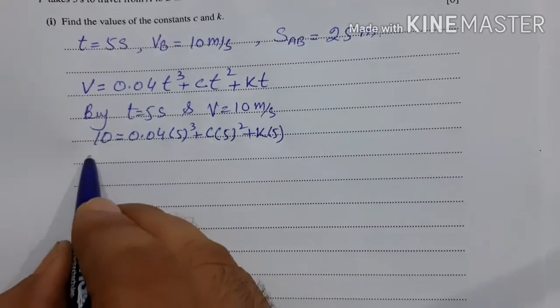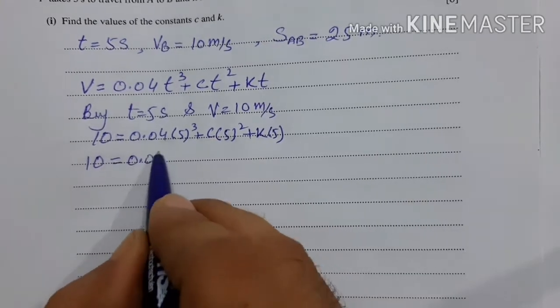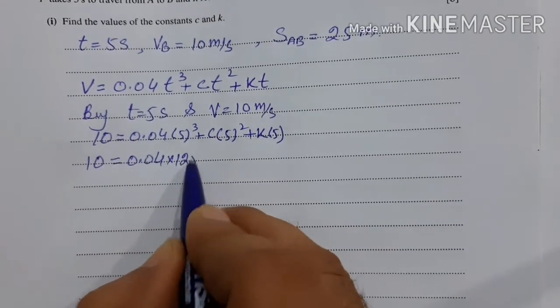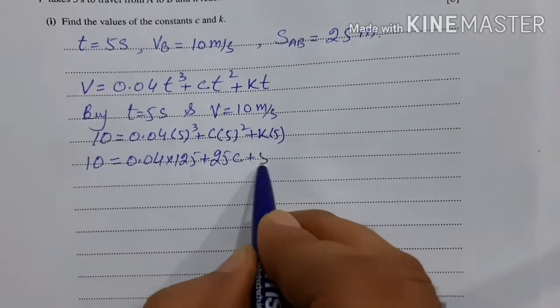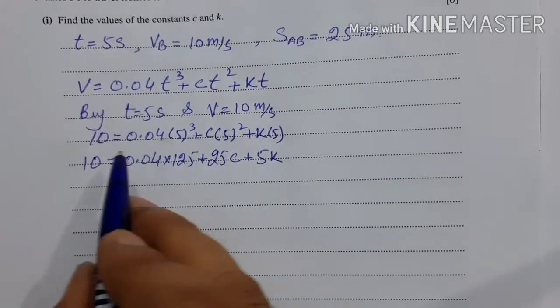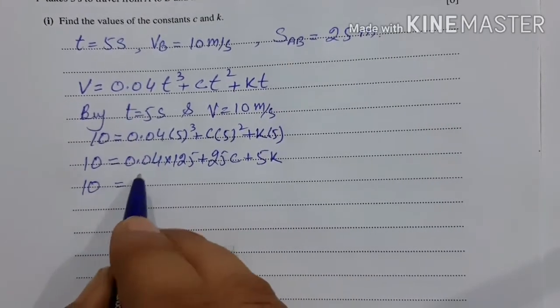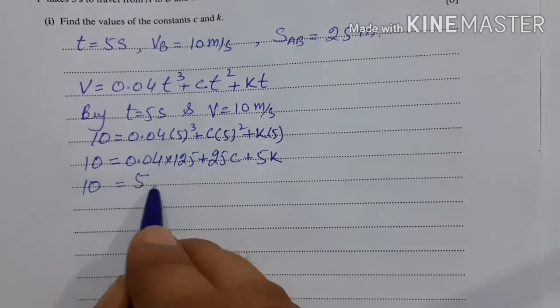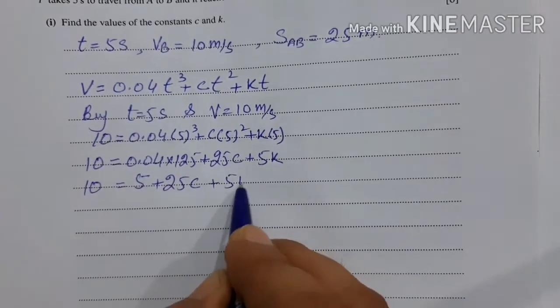So 10 is equal to 0.04 into 125 plus 25c plus 5k. So 10 is equal to 0.04 multiplied by 125, which is 5, plus 25c plus 5k.